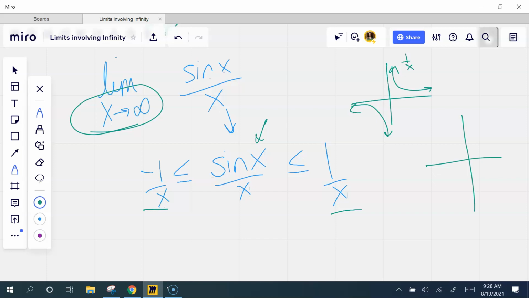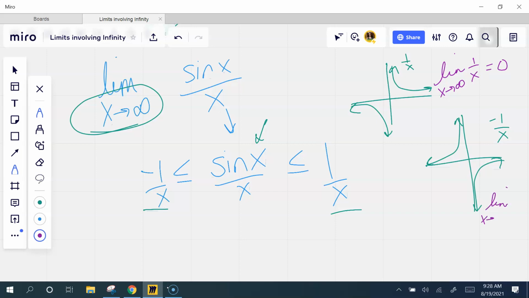I'm drawing the ends right now. 1 over x, what then does negative 1 over x look like? Just reflected, right? So it's going to be like this and like this. Look at this one. What's the limit as x goes to infinity here? It goes to 0. How about this one?